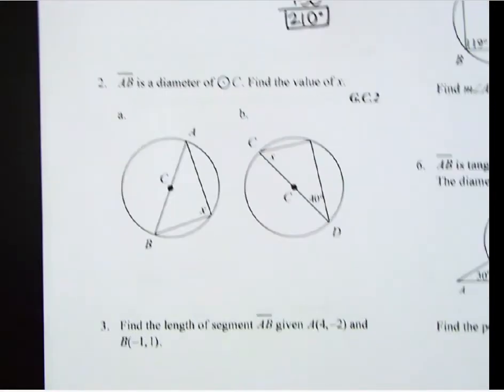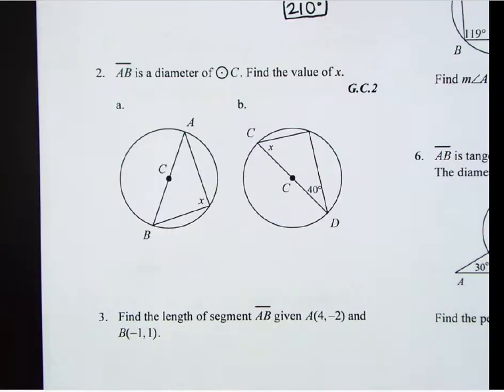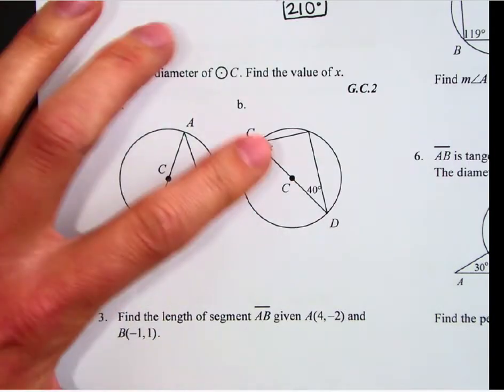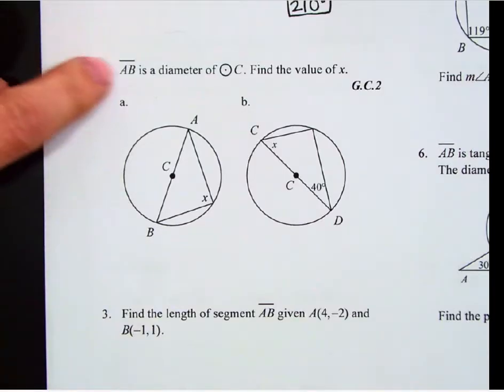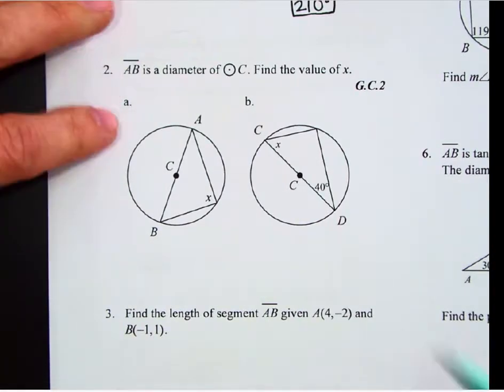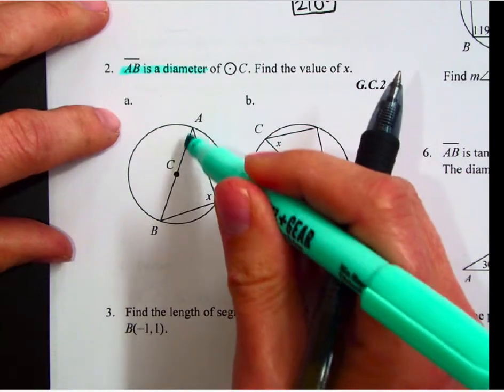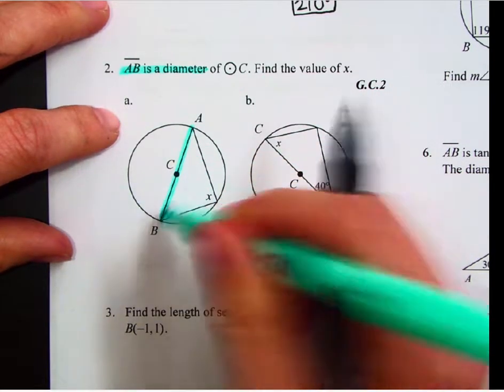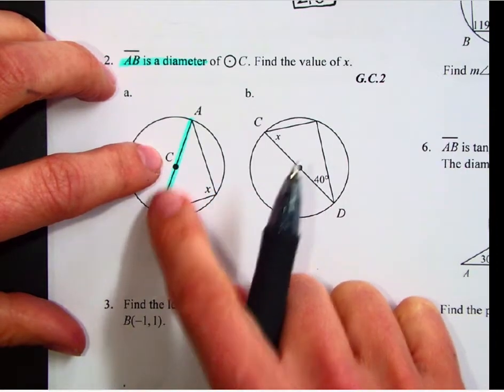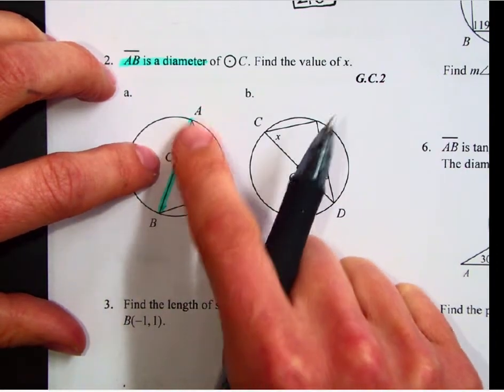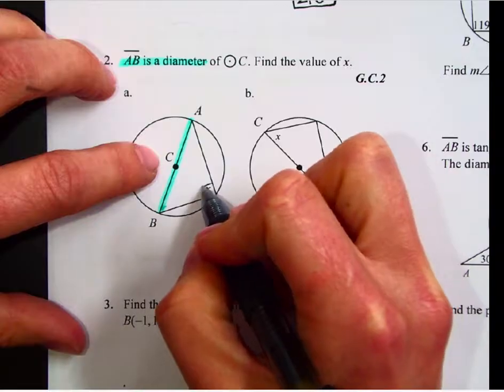And number 2, we're given that AB is a diameter of circle C. And with that, we're going to be finding the values of x in A and B. If we know that AB is the diameter for our inscribed triangle, if the hypotenuse, the longest side of the triangle, is the diameter, then we know that this is a right angle.